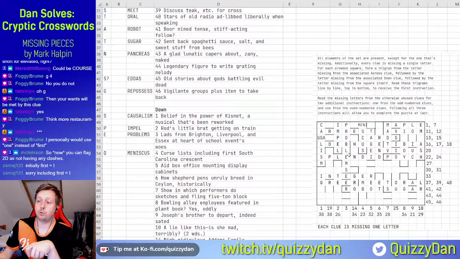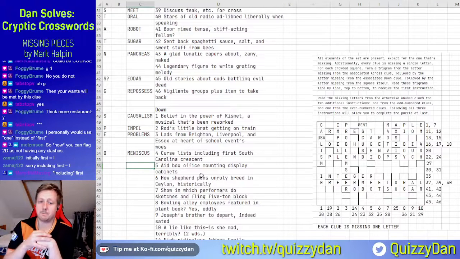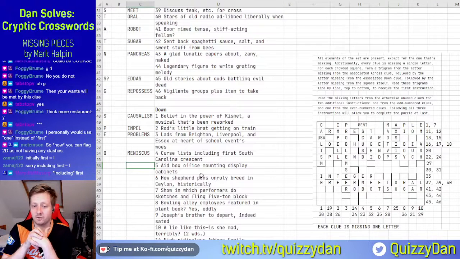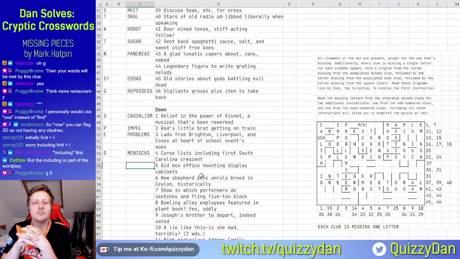True, very true. This looks like stage 1, doesn't it? Aid box office mounting display cabinets. Surely there's an S going to go there instead. Aid, is that going to be help?